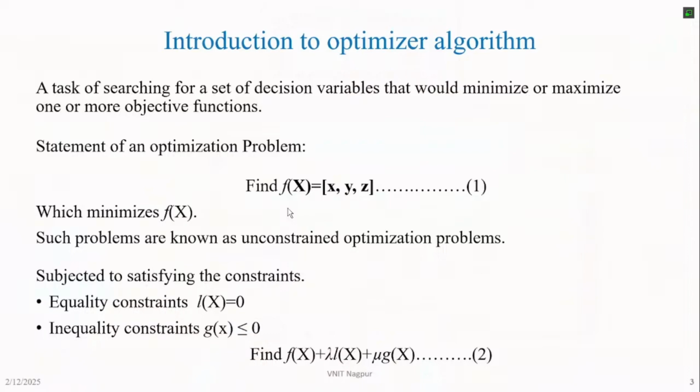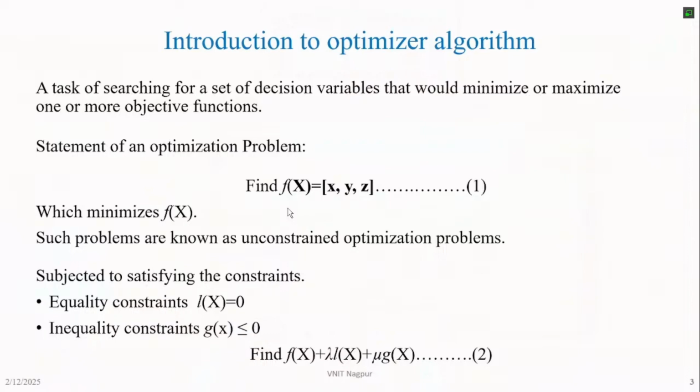One is dependent variable and some are independent variables also. Now with the help of these two constraints, if we formulate the earlier problem shown in equation number 1, it will look like this: f of x plus lambda times the equality constraint L of x plus mu into g of x.